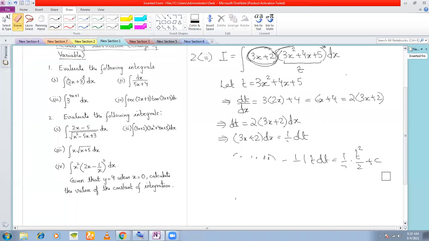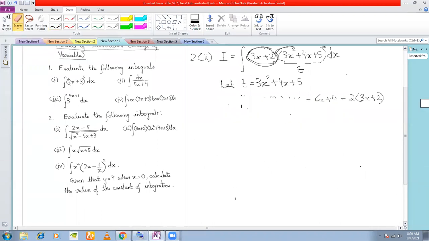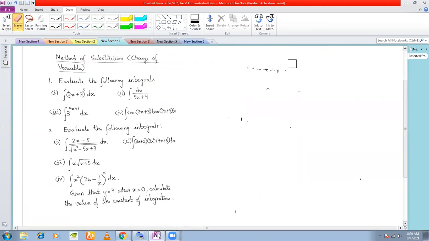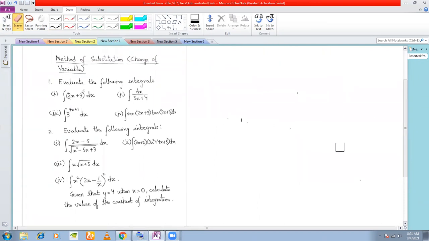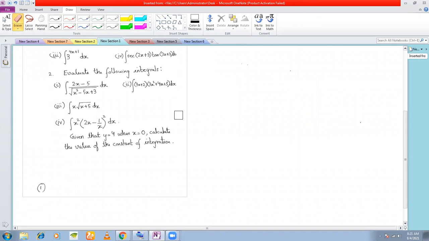Okay, next one. Next integral is I is equal to x into square root of x plus 5. Now we have done this kind of integral, I think, similar integral.